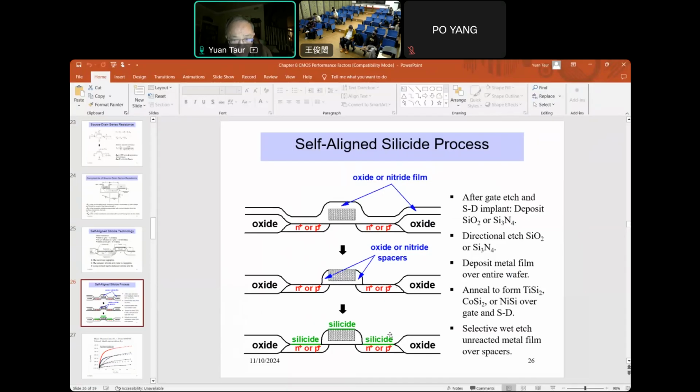And then after that we etch off the unreacted metal over the spacer so that it's not shorted. So it looks like that. We have silicide only on gate and source and drain, and it's self-aligned because the metal on the spacers is removed with a selective etch.